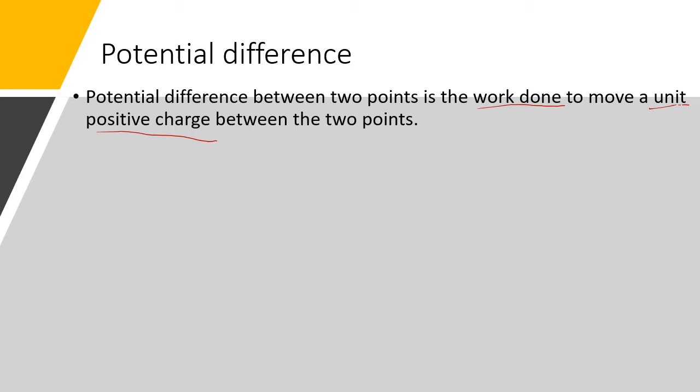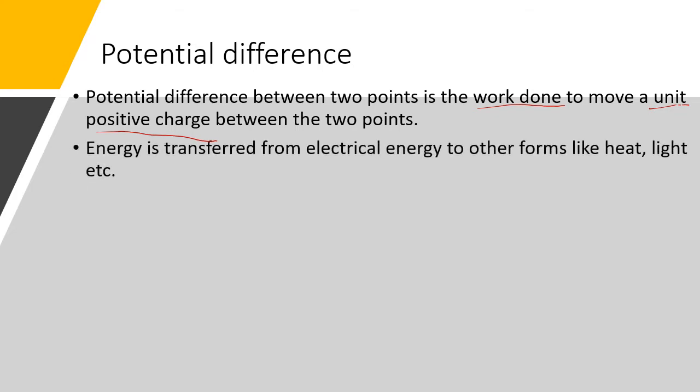If it is going through a resistor, the resistor gets heated up, so it can get converted into thermal energy. So the input is always electrical, and then the output will be heat, light, etc. Okay, so that is a type of energy transfer that takes place. Then in the case of potential difference, the work is done by the charge carriers.